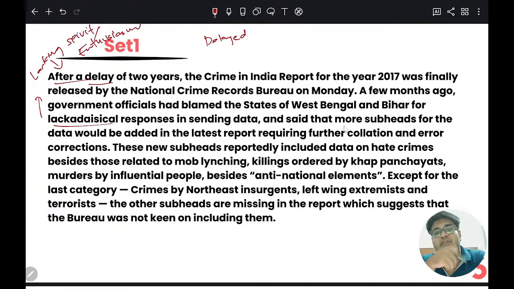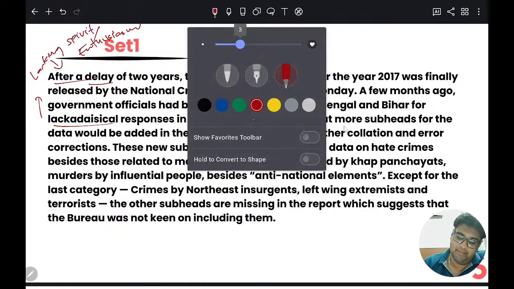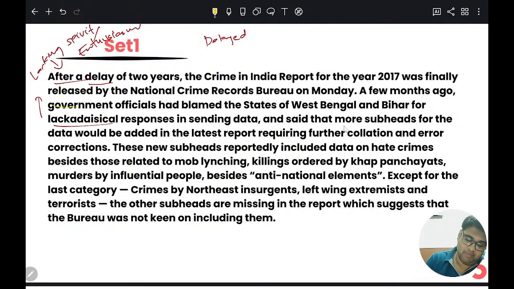A few months ago, government officials blamed someone. Whom did they blame? The states of West Bengal and Bihar, for lackadaisical responses. The states were lackadaisical; they didn't have the enthusiasm in sending data, like they did not send their data properly. And they said more subheads for the data would be added in the latest report for further collation and error correction.